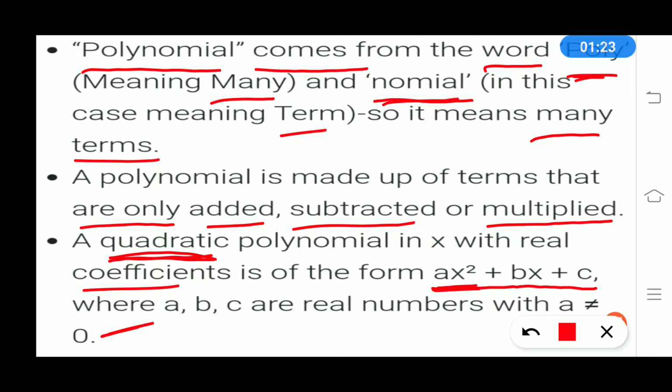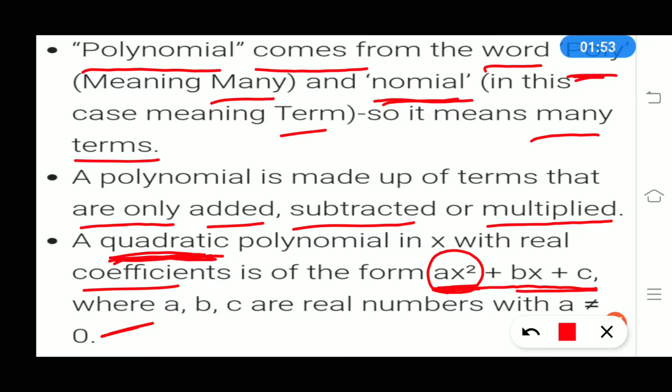If a equals to 0, then the ax square term equals 0. That means only bx plus c, where b not equals to 0, so the quadratic polynomial transforms into a linear polynomial, where the linear polynomial is bx plus c. That's why, since it is a quadratic polynomial, a not equals to 0 and it starts from the x square term. That means ax square plus bx plus c.